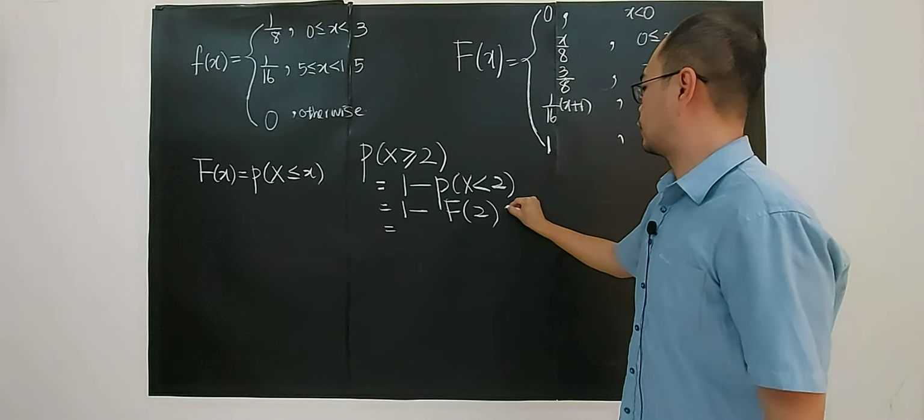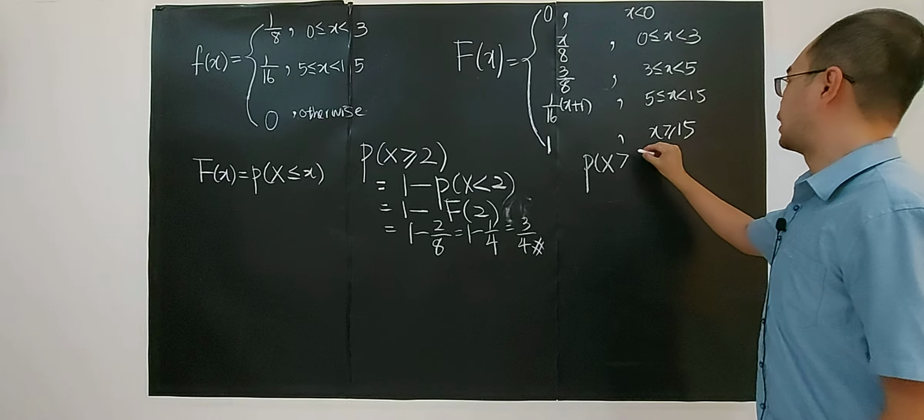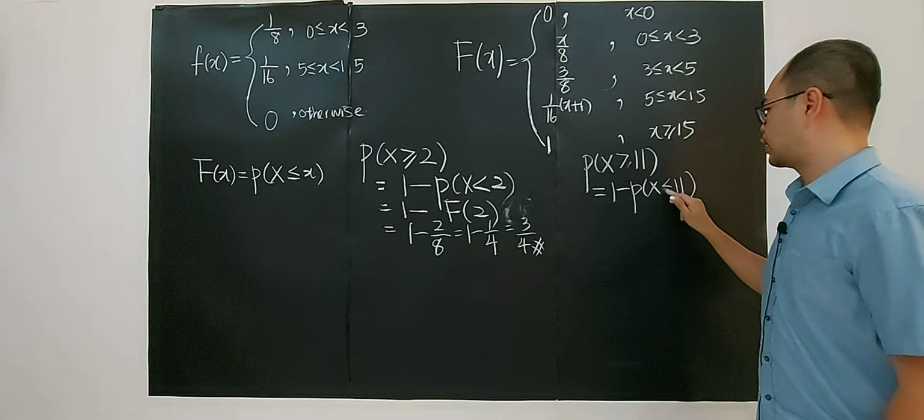Very simple. Same thing also if you want to find the probability for X greater than, for example, 11. Never mind, you just change this to 1 minus P(X less than or equal to 11), or without the equal is okay, because the probability with or without the equal is the same.